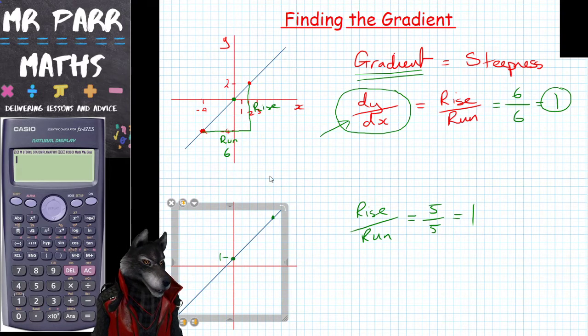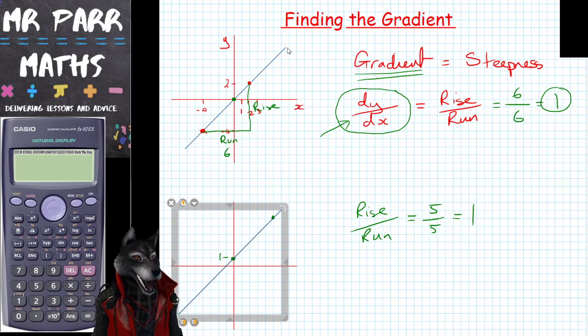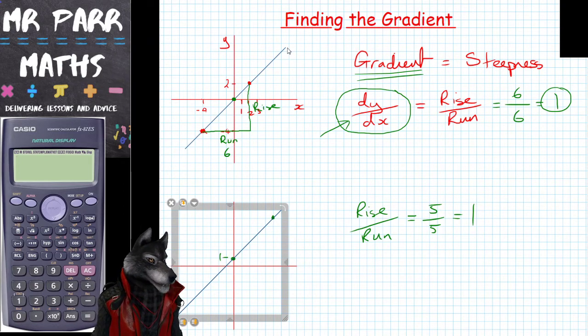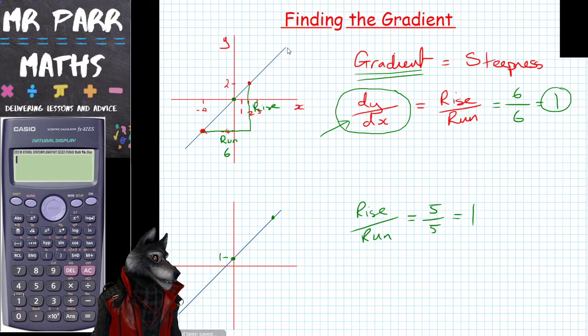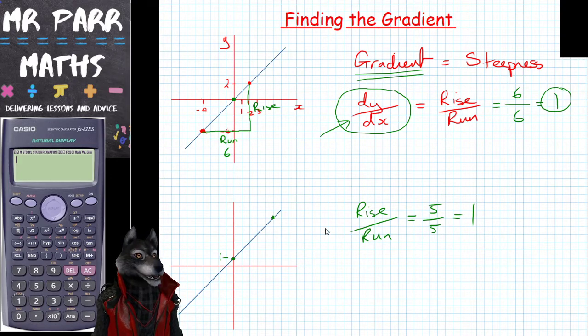If I was to draw this on that axis up here, on the top axis, these two lines would be parallel because they have the same gradient. That's worth remembering, because later on you'll be learning how to prove in other lessons or videos that I'll do that two lines are parallel. So it's worth remembering that these two lines are now parallel.